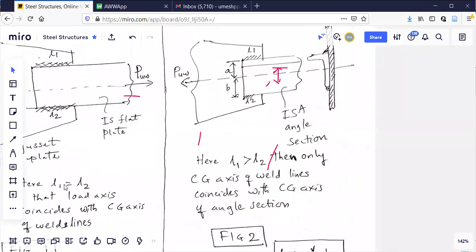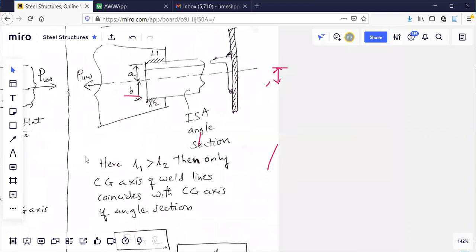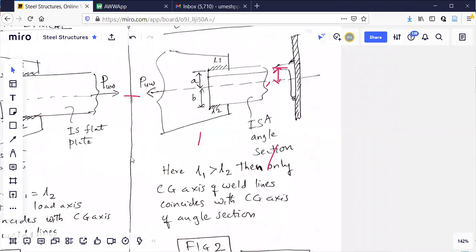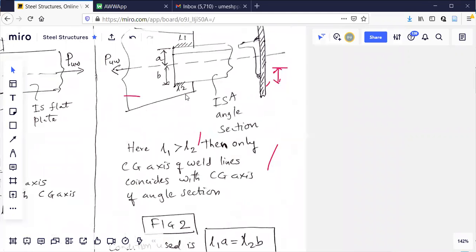In case of unsymmetrical welds, when an angle is connected to a gusset plate, you will find that L1 and L2 will not be the same. Depending upon whether L1 is closer to the centroidal axis of the angle section or L2, the value will be higher. In the figure that I have drawn here, you can see L1 is nearer the centroidal axis than L2. It means A is smaller than B.